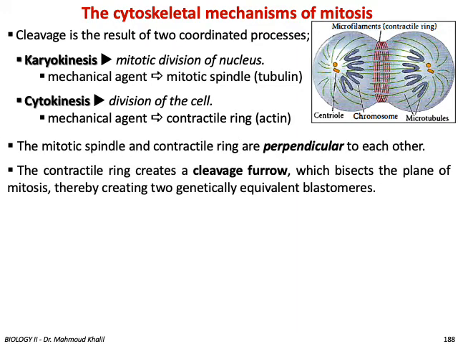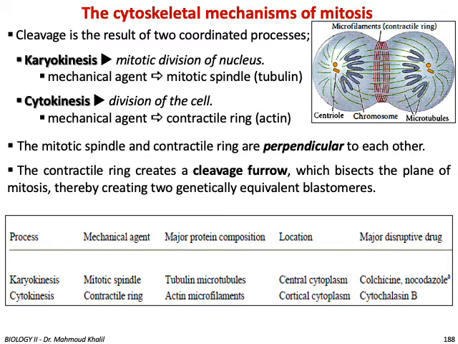The mitotic spindle and the contractile ring must be perpendicular to each other. The contractile ring creates a cleavage furrow which bisects the plane of the mitosis, thereby creating two genetically equivalent blastomeres.